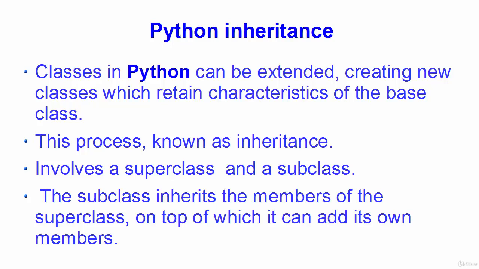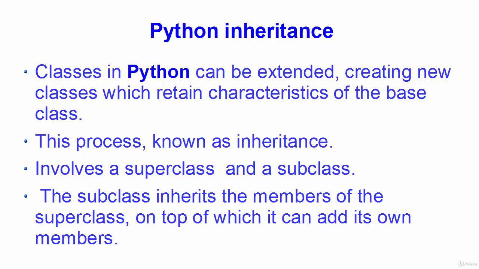Now, in simple words, the idea behind inheritance is that a new class can borrow the behaviors and methods from another class. Inheritance involves two types of classes: one is a superclass and the other is a subclass.